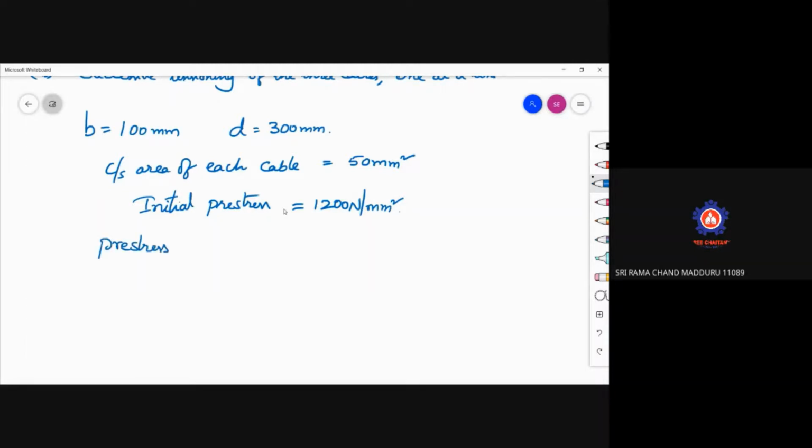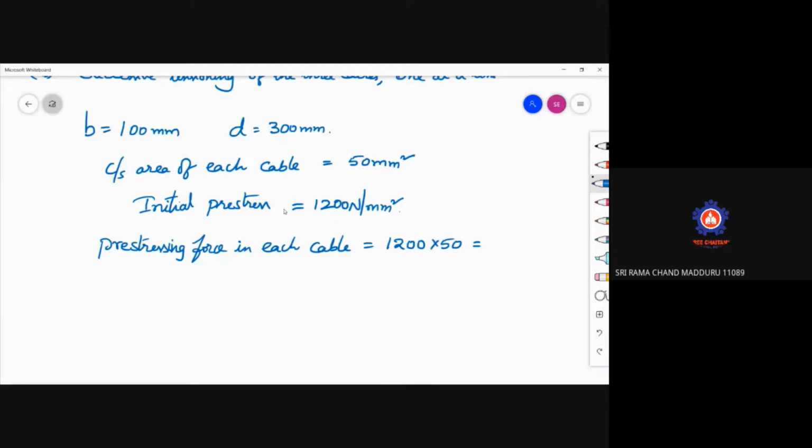I am not calculating for all the 3 cables at a time. So the pre-stressing force in each cable is stress multiplied by the area of the cross section of each tendon.